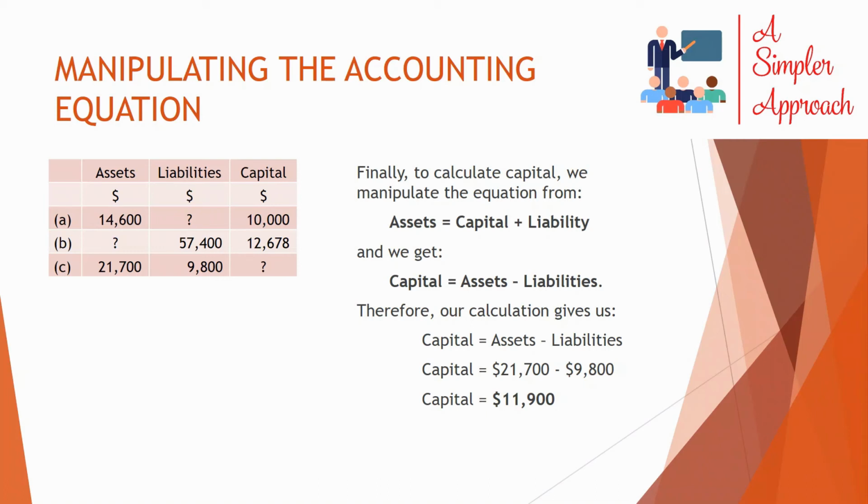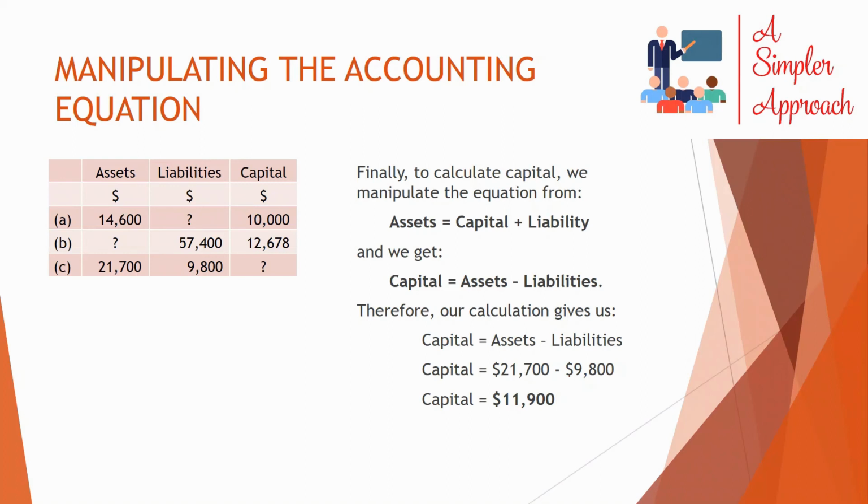Therefore, it is clear for us to see that the accounting equation is only manipulated when we wish to find liabilities or capital. When we need to find assets, we use the equation as is.